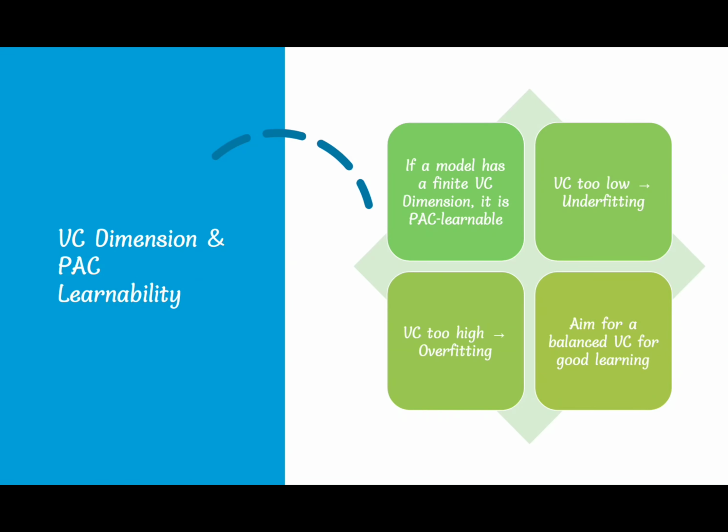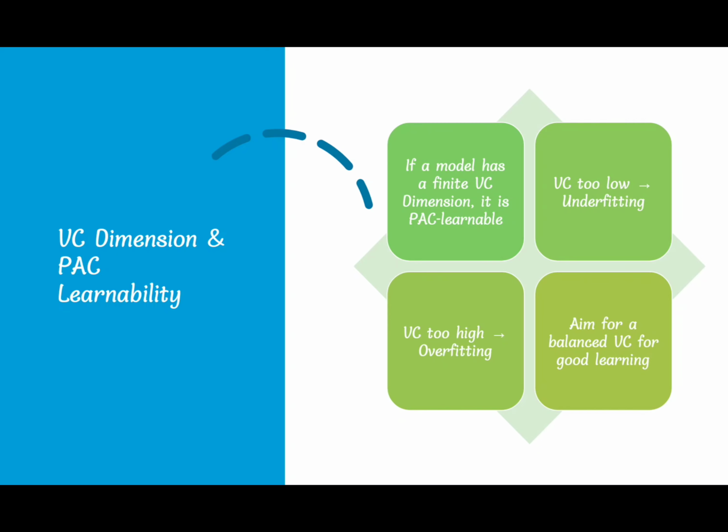So, how are VC dimension and PAC learnability connected? The key idea is this: if a model has a finite VC dimension, meaning not too high, then it is PAC learnable. That means we can trust the model to learn well with enough examples.